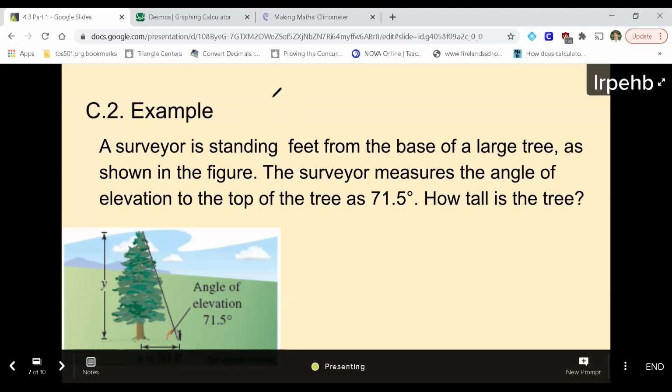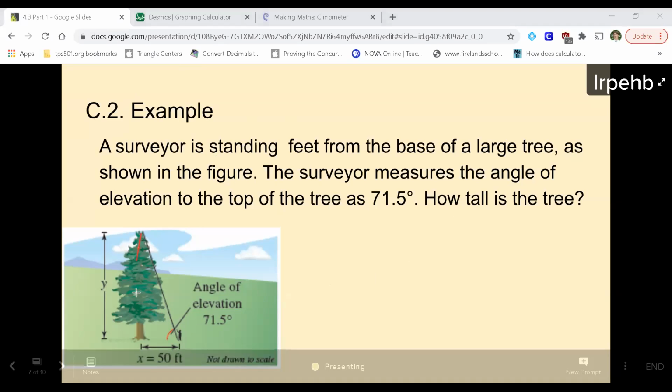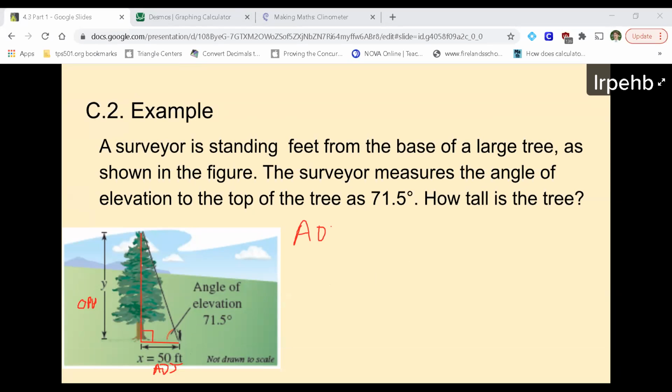Well, this actually isn't too bad, because what we have constructed here is a right triangle, where this is the opposite side and this is the adjacent. So if we are given that the adjacent side is 50 feet and our angle is 71.5 degrees, how do we find the opposite side?